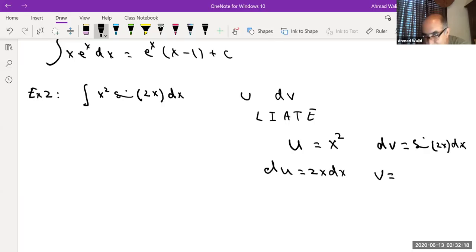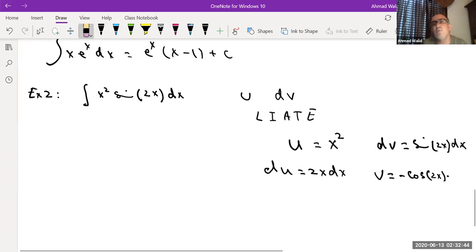Then the integral of outside, which is negative cosine x, or cosine 2x, times the integral of inside. What is inside? Let me show you a substitution method. Maybe you missed this or maybe you don't remember. You see, you have 2x here.